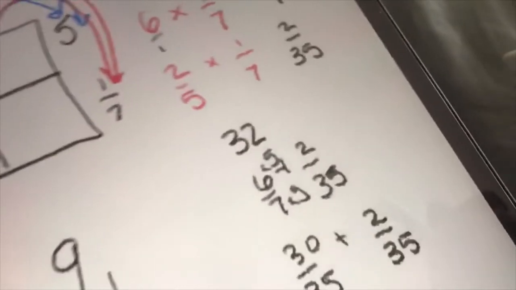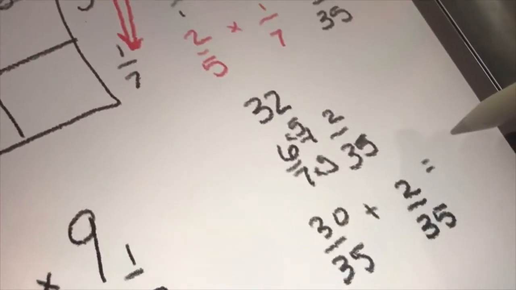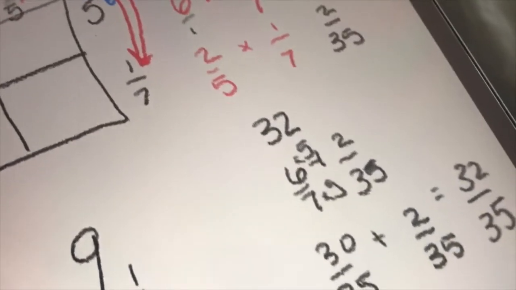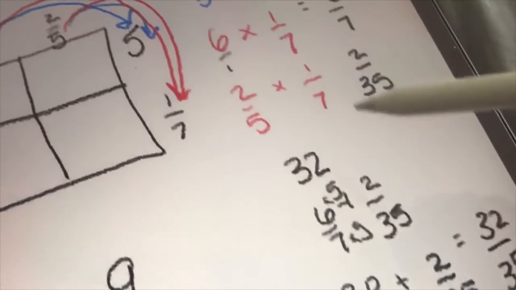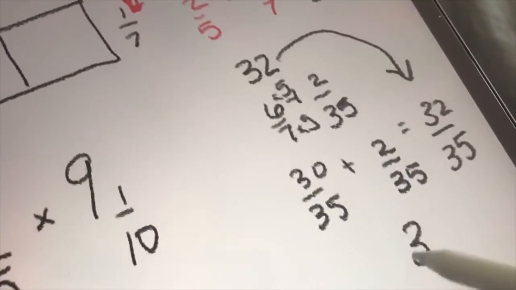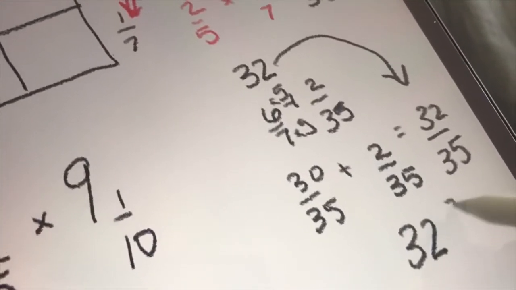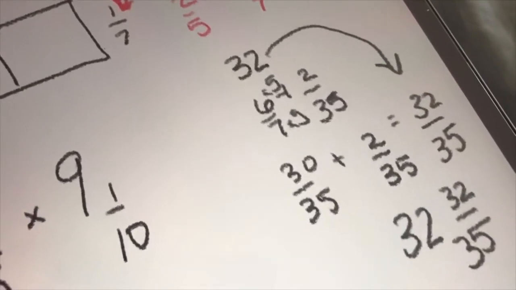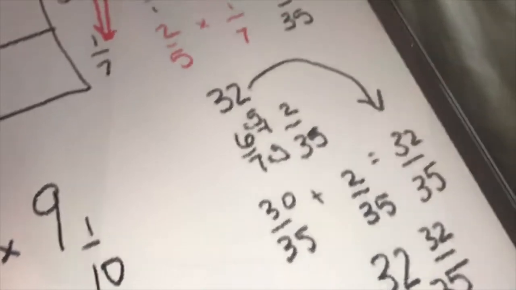Okay, so now I can say that I have 32/35, and I'm going to then add 32 to that. So my final answer would be 32 and 32/35. Okay, let's move on to the next one.